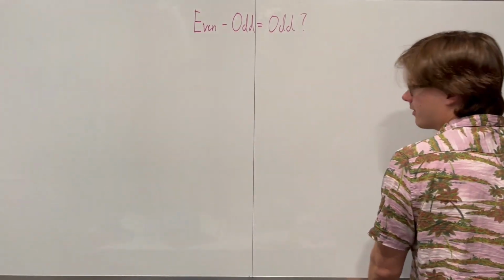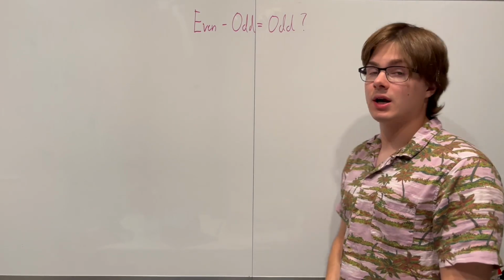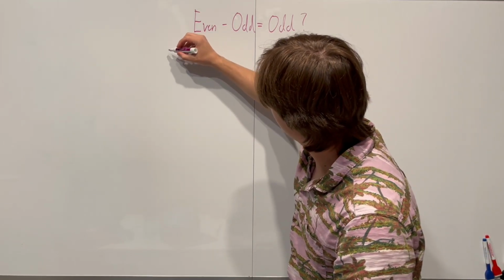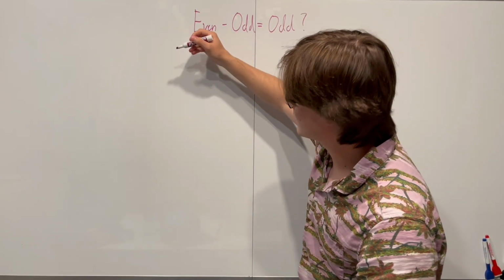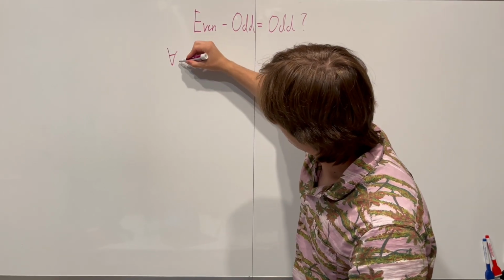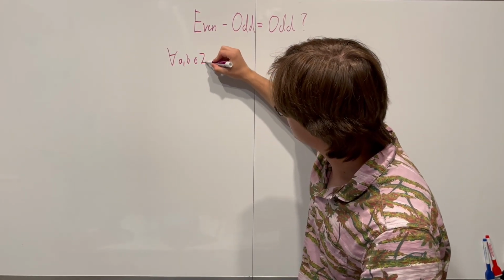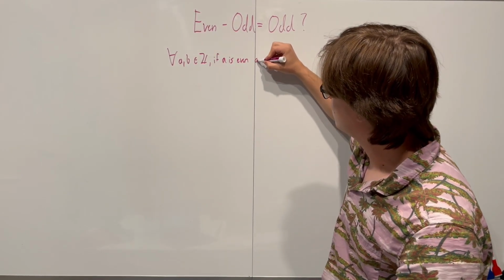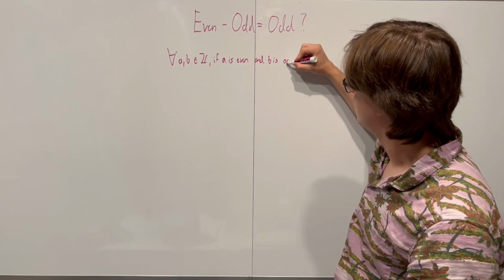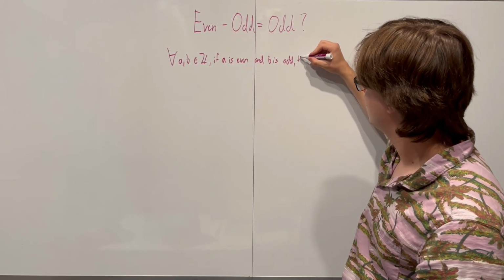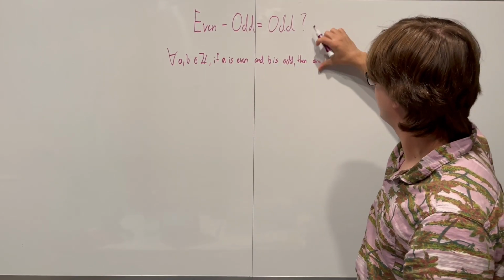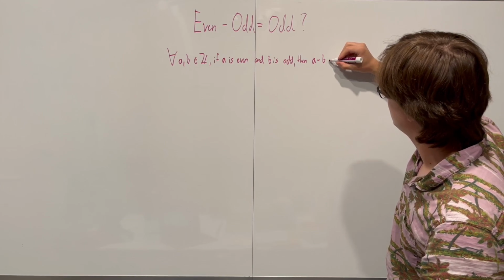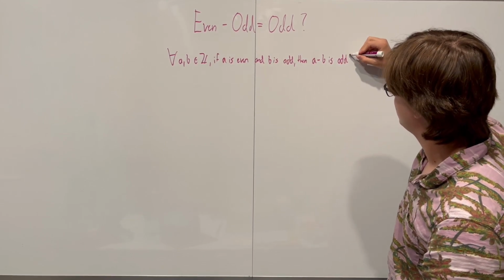More mathematically precise, what is the question we're asking here? Well, we're trying to prove, because we're asking for any even and odd, it's going to be a for all proof. So for all A, B that are integers, if A is even and B is odd, then A minus B is odd.